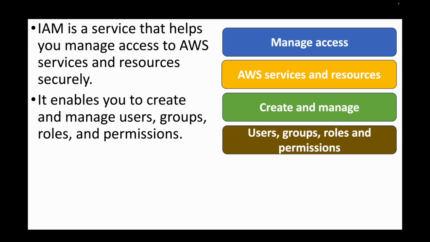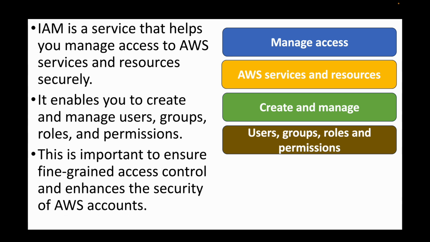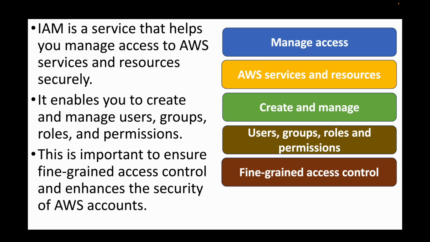So basically, we can control who can access your AWS services and resources. Now, the most important usage of this service is to ensure you are giving fine-grained access control, and this can help you enhance the security of your AWS accounts.